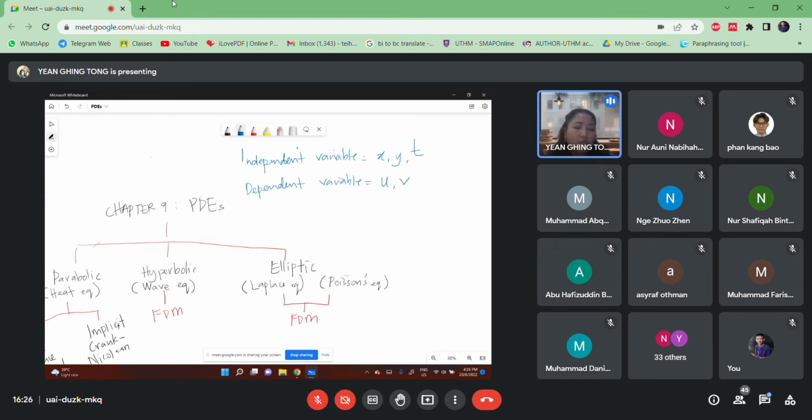For PDE we can write the derivative using subscripts. For example, I can write u prime, that means u with a small x subscript.